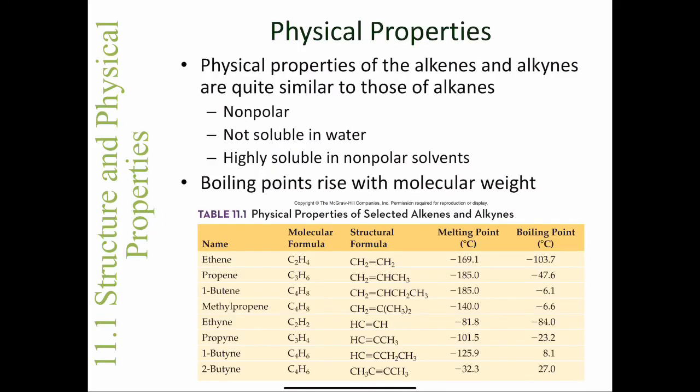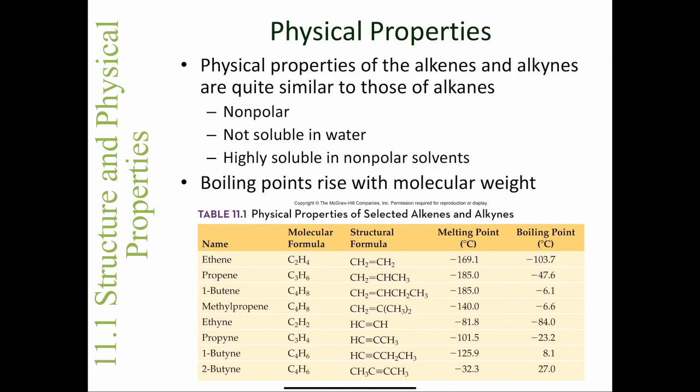Just like we saw for alkanes, the melting points and boiling points for alkenes and alkynes are the result of London dispersion forces. These are the types of intermolecular forces that are experienced by nonpolar molecules, which hydrocarbons are. London forces, or the intermolecular forces in hydrocarbons, increase as the molar mass of the molecule and the number of electrons increase.